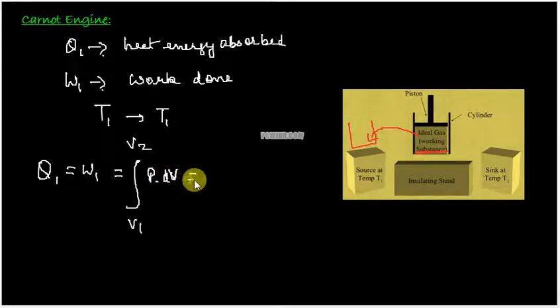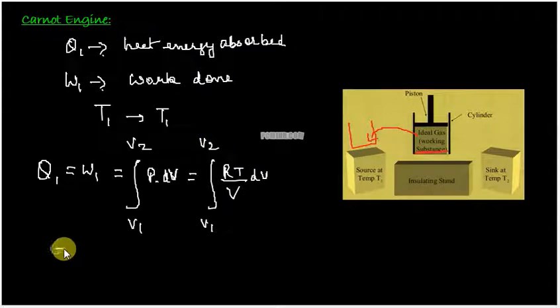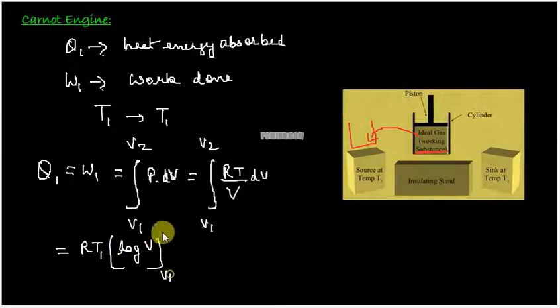And because we know that PV is RT, P can be written as RT upon V dV, and in the integral RT would go out because they are both constants, and the temperature in this case is T1, and the integral of 1 by V is log of V. So that's going to be log of V within the limits V1 to V2.